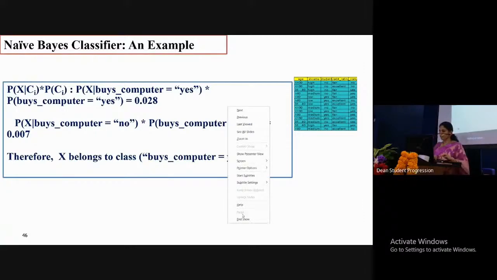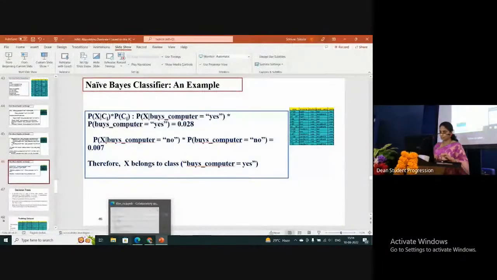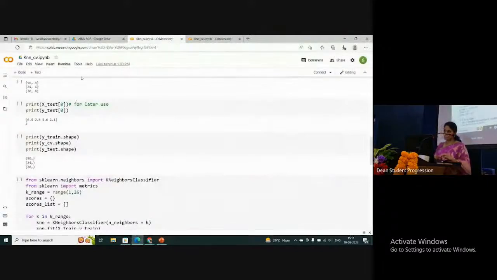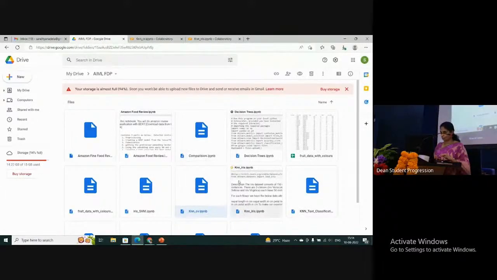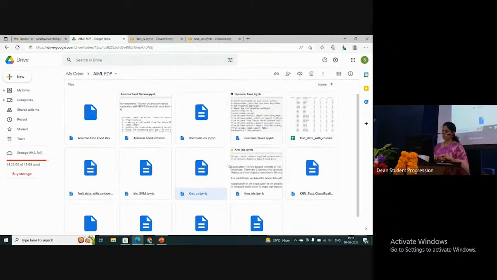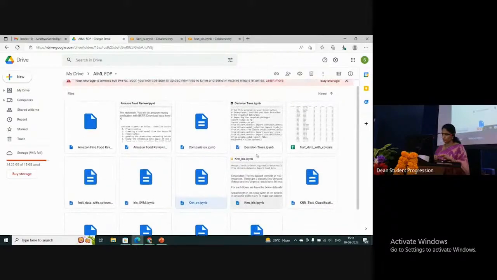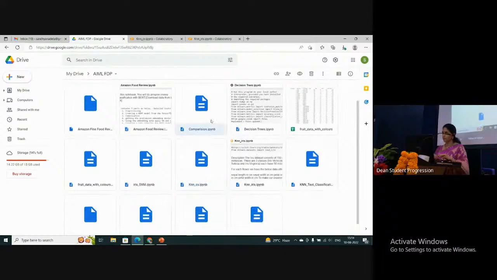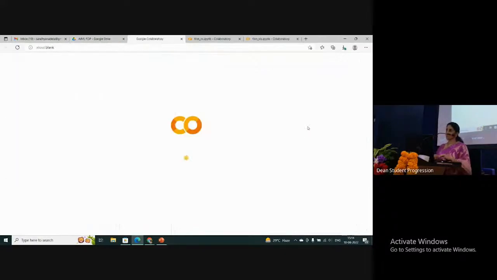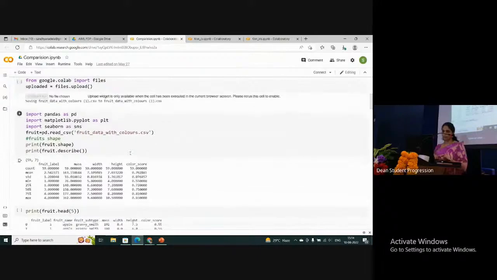I'll just show you the implementation of this one. It is almost similar to your KNN.